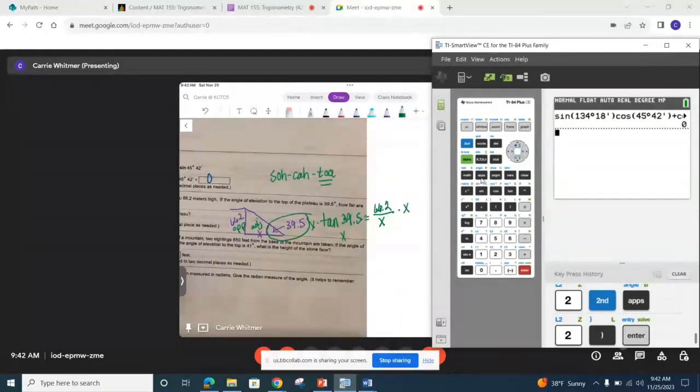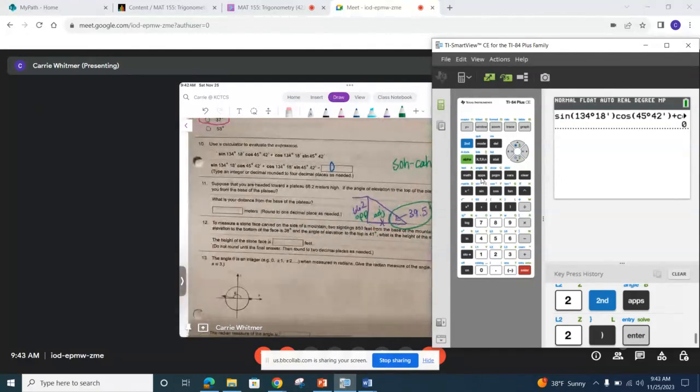So now I have x tangent of 39.5 equals 66.2. And then I'll divide by the tangent of 39.5. Your calculator should still be in angle mode from the problems that we did previously. So when you put that into your calculator, you're going to end up with 80.3 because it wants us to round to one place.